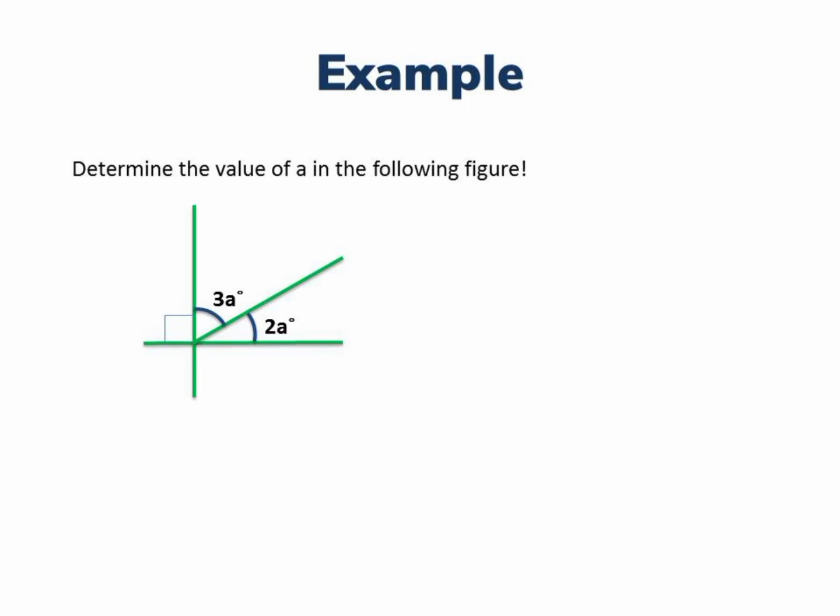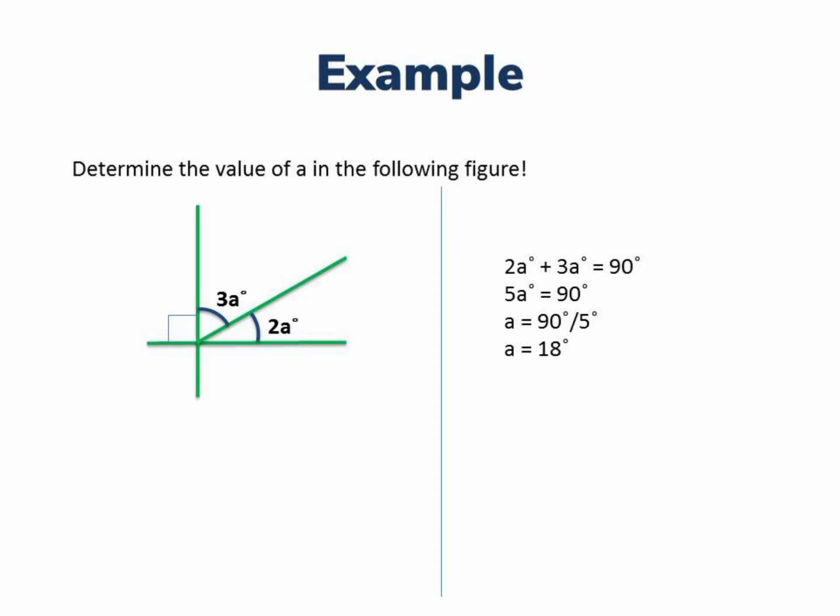Okay, and then the next is problem examples. The question: determine the value of A in the following figure. From the figure, we can see that the angle is a right angle, and a right angle is 90 degrees. So we can solve it by adding angle 2A degrees and angle 3A degrees like this. 2A degrees plus 3A degrees equals 90 degrees.